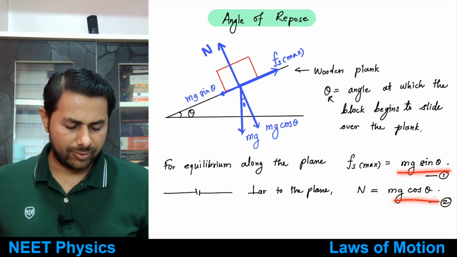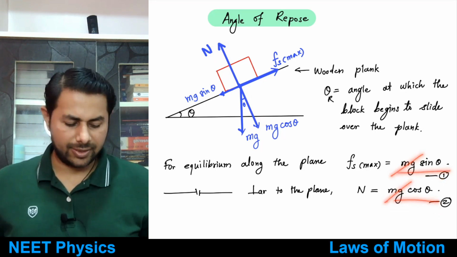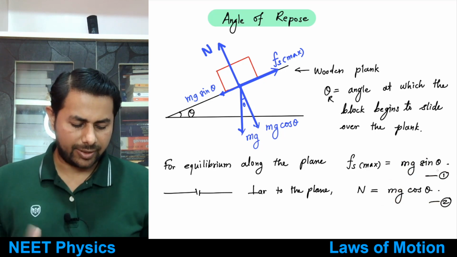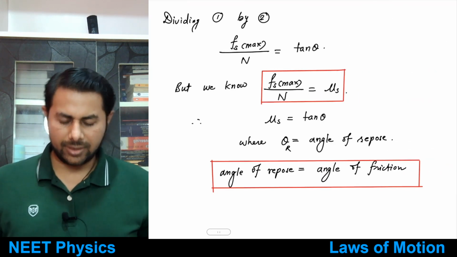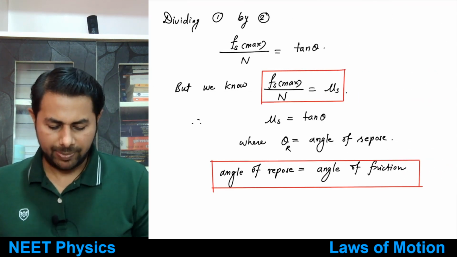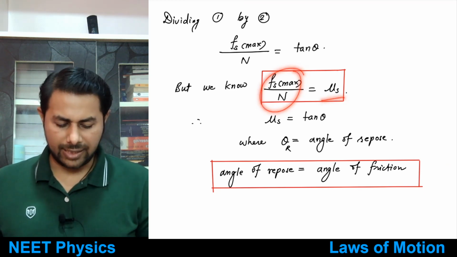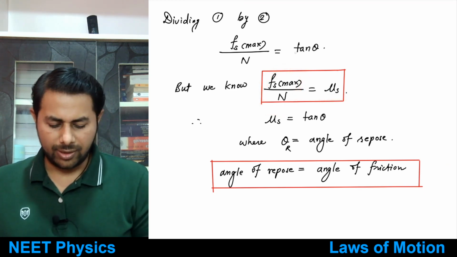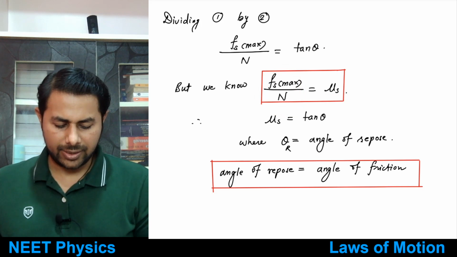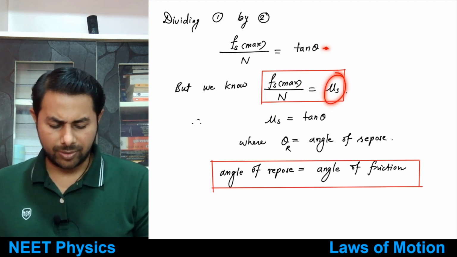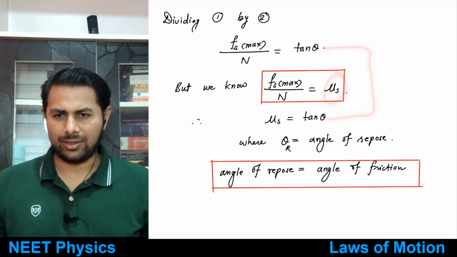Divide 1 by 2. mg will get cancelled, and you have Fs max upon N equal to tan theta. And you know that Fs max upon N is equal to mu s. So from this you get mu s is equal to tan theta.